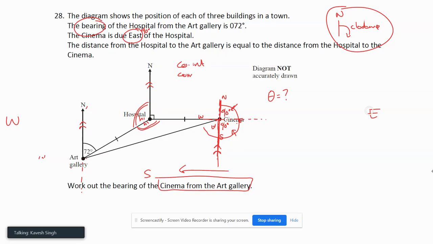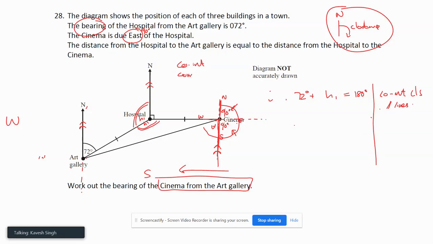So in order to find angle H1, the first thing we've got to do is the following. We can see that 72 degrees plus H1 is equal to 180 degrees, and the reason is co-interior angles and parallel lines, right? Don't forget to put parallel lines.